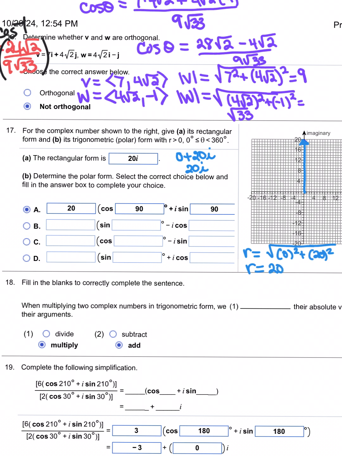You notice that from 0, 0 to 20, that's 20. So r is 20. You could just count. And you also notice that this angle right here is 90 degrees. So hence we have that it's 20 parentheses cosine of 90 degrees plus i sine of 90 degrees.